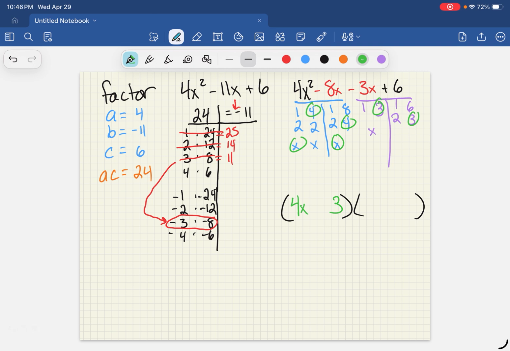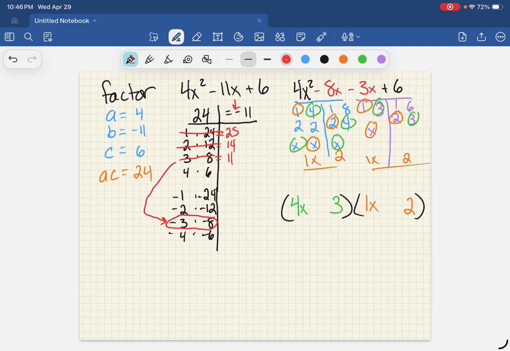Sorry about that. Then, what is left over? A 1x and a 2. Again, these two things are the same. I did everything correctly. And so I'm going to write it in that second parenthesis.